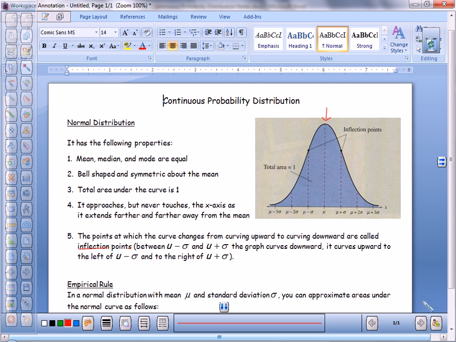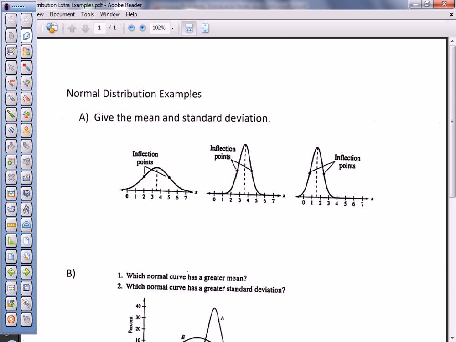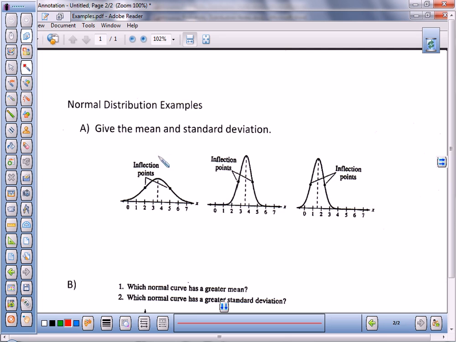Okay, let's take a look at an example here. So if we look at these, this highest point here is our mean. This one would have a mean of about, looks like it's halfway in between, so let's say 3.5. This one would have a mean at about 3.5.